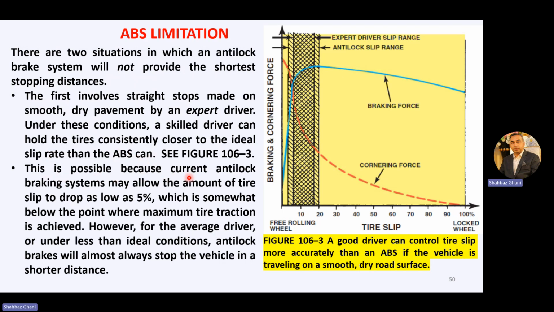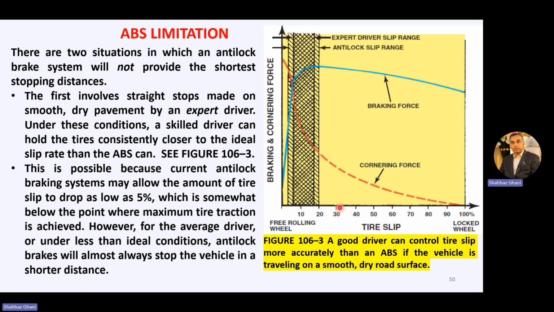This is possible because current anti-lock braking systems may allow tire slip to drop as low as 5%, which is somewhat below the point where maximum tire traction is achieved. However, for the average driver or under less than ideal conditions, anti-lock brakes will almost always stop the vehicle in a shorter distance. So let's see this graph here.